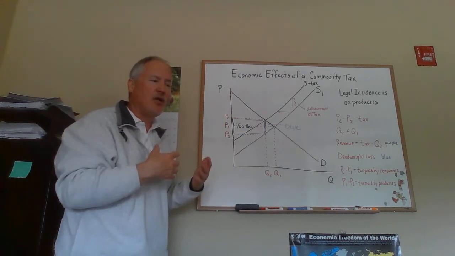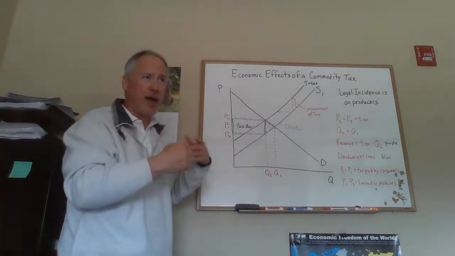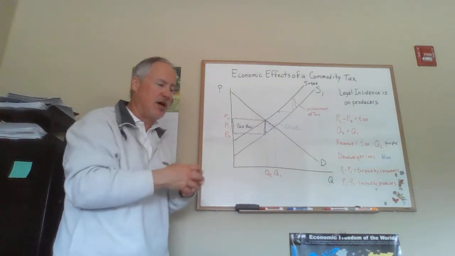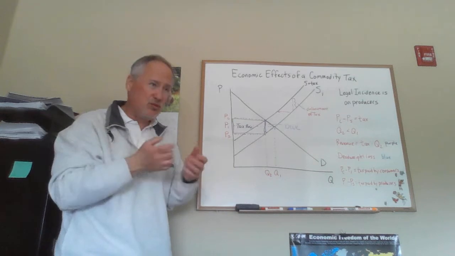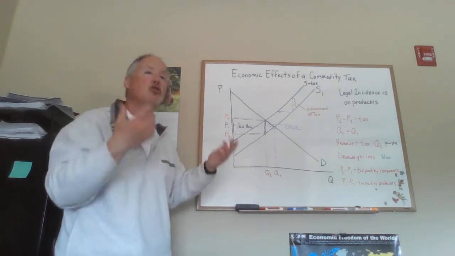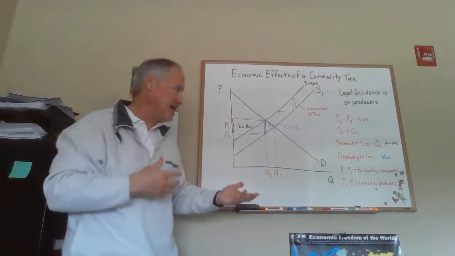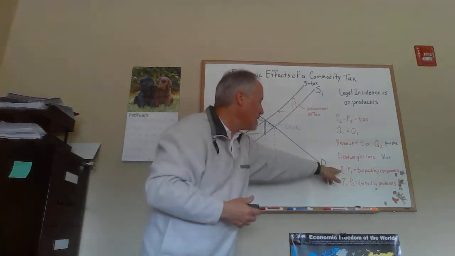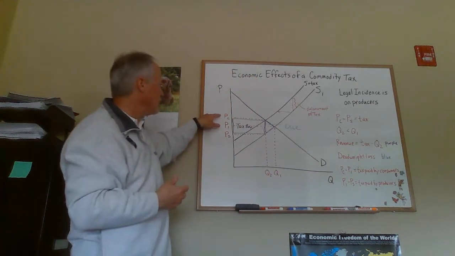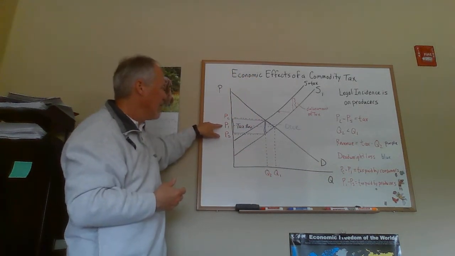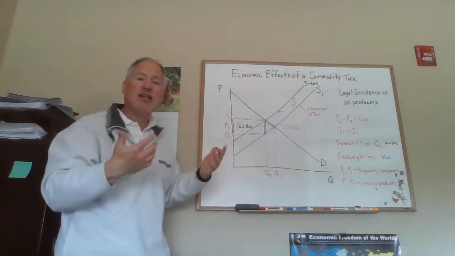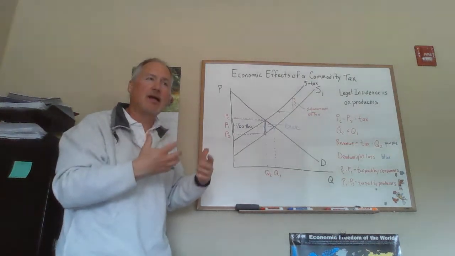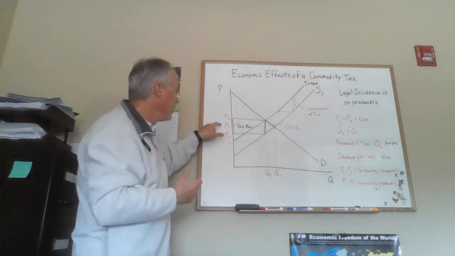Now we can do one more thing. PC and PS are the prices that the consumers are paying and suppliers are receiving with the tax in place. That gives us a way to talk rigorously, and economists would say correctly, about who really pays the tax. What we can say is that PC minus P1, the price that consumers pay compared to the pre-tax equilibrium price, is the portion of the tax that consumers pay.